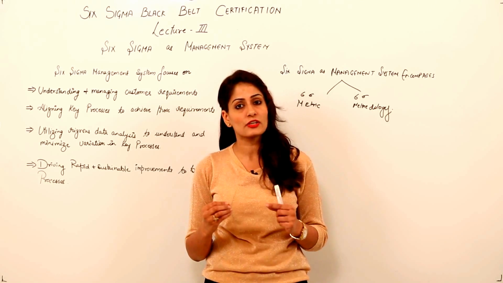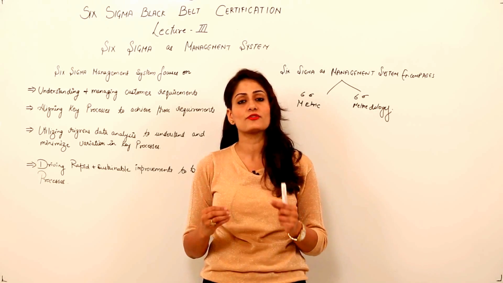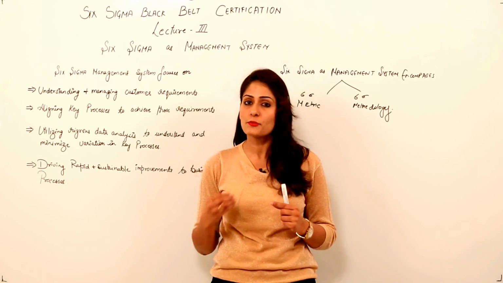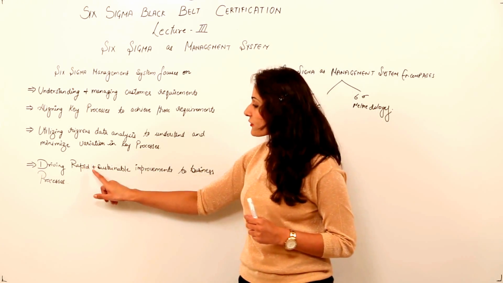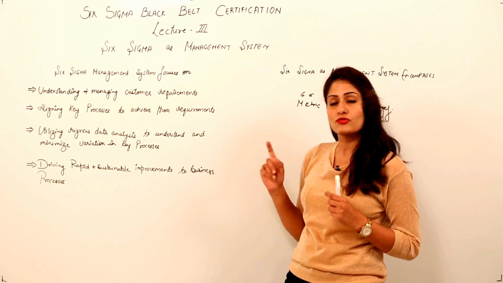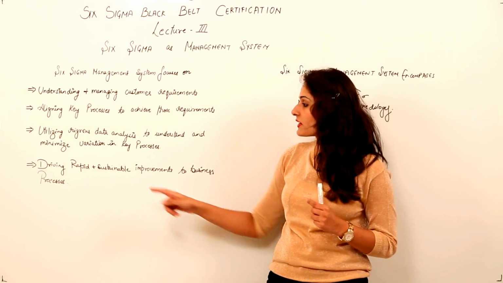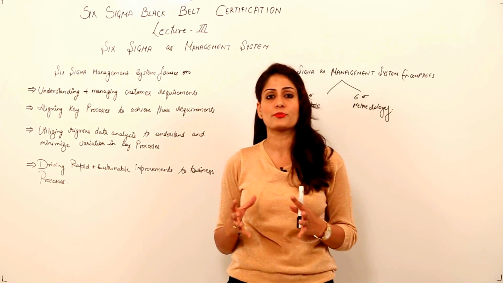It uses statistical tools and rigorous data analysis tools to find out the reasons why there is waste and errors, and using these techniques, it removes that waste and those errors. And finally, driving rapid and sustainable improvement to business processes. So, when Six Sigma is embraced by top level management, there is rapid and sustainable improvement to the business processes.